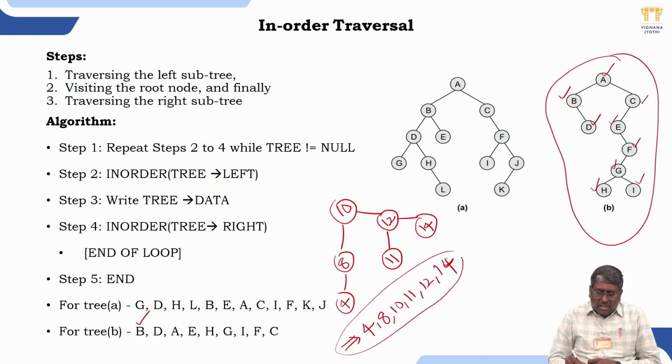Remember, this is a very important thing related to the binary search tree and in order traversal. Suppose the given tree is a binary search tree and if we apply the in order traversal, then the elements are in ascending order.